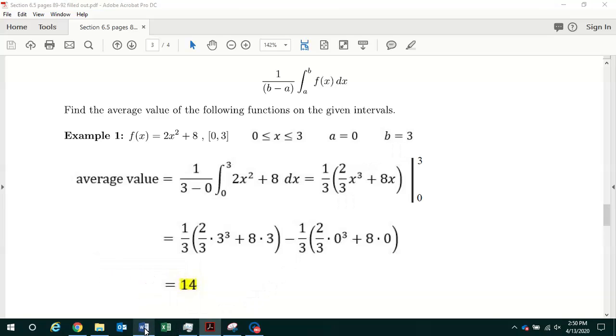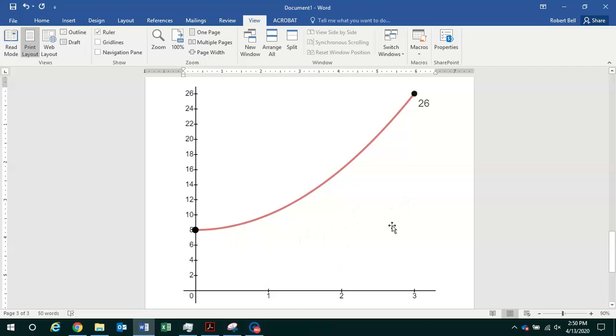Now, I have taken the liberty of graphing that function for you: f of x equals 2x squared plus 8 from x equals 0 to x equals 3. You can see the minimum value of the function is 8 on this interval, and the maximum value of the function is 26.